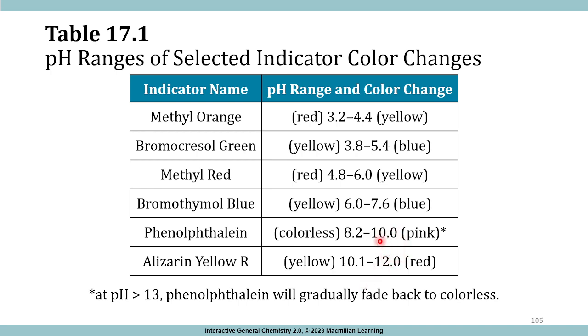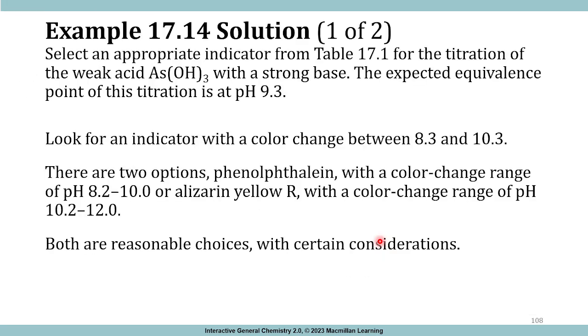And the phenolphthalein is definitely closer, right? Yeah. And so phenolphthalein would be a pretty good choice, okay? The alizarin yellow could also work because we do have a color change that's 10.2. It's reasonable. Like, that's just a bit after. And so that would work pretty well, okay?